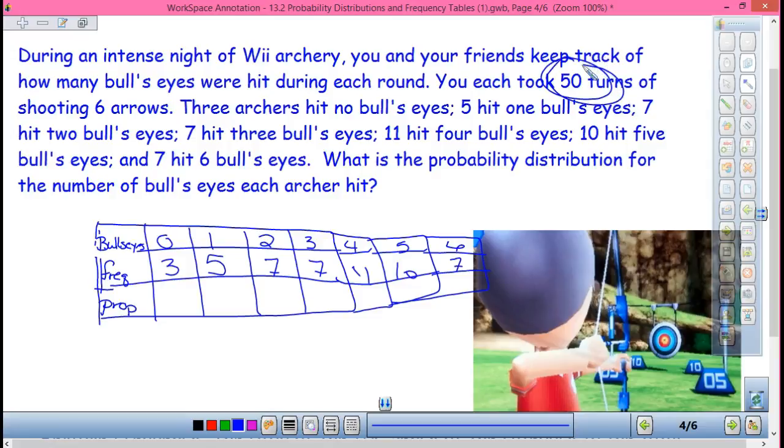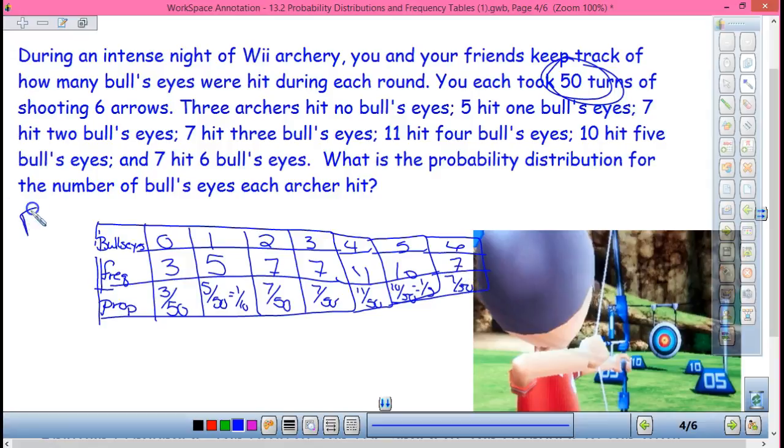So now my probability of hitting 0 would be, how many people hit 0? 3 out of how many turns were taken? 50 turns. How about 1? 5 out of 50, which is 1/10. 7 out of 50. 11 out of 50. 10 out of 50, which is 1/5, and 7 out of 50.